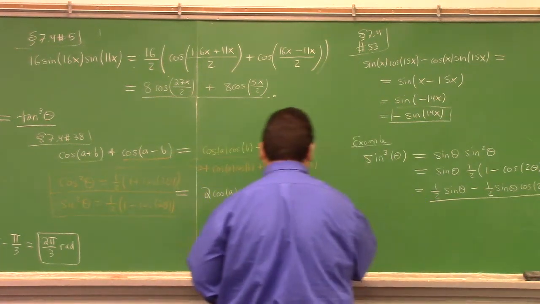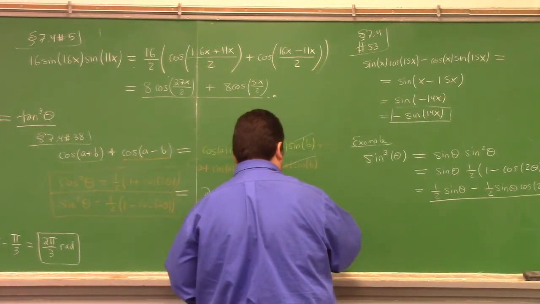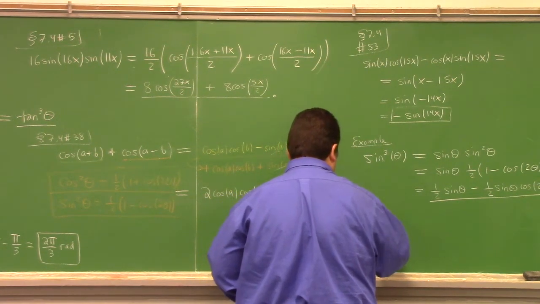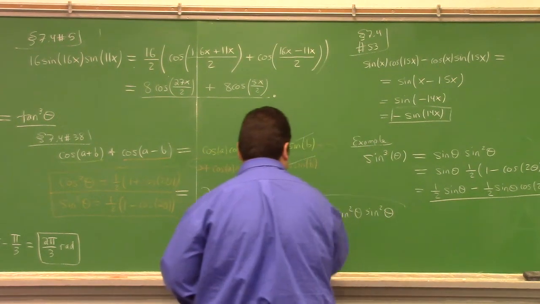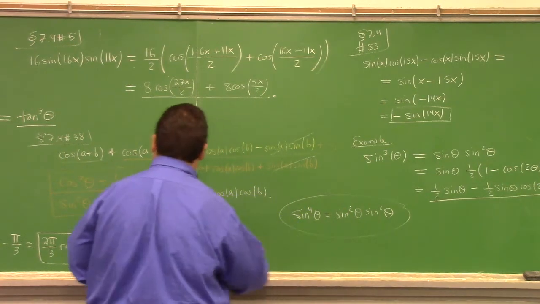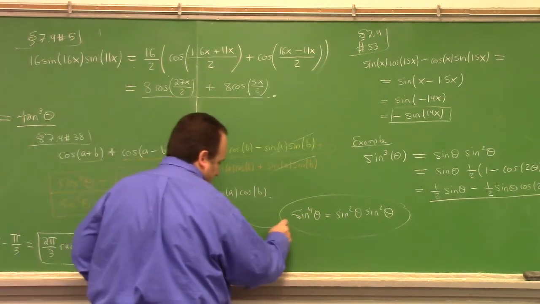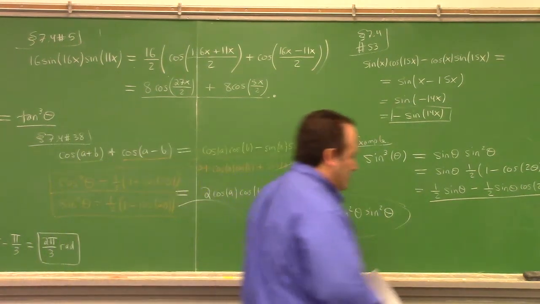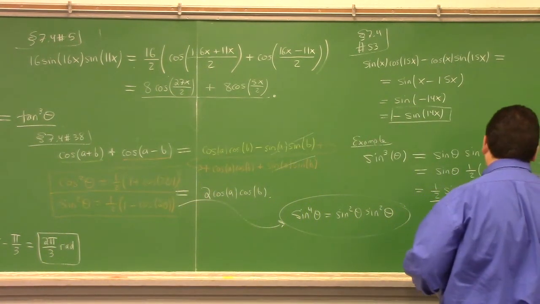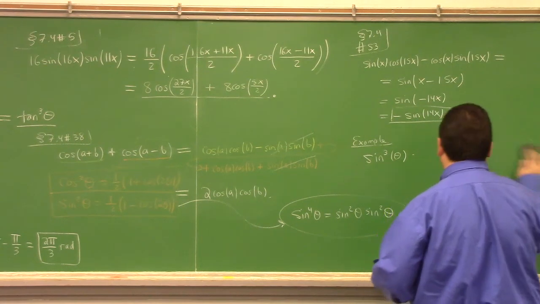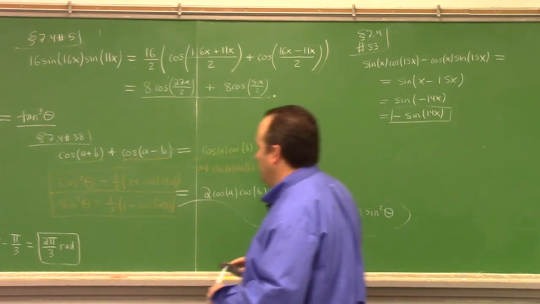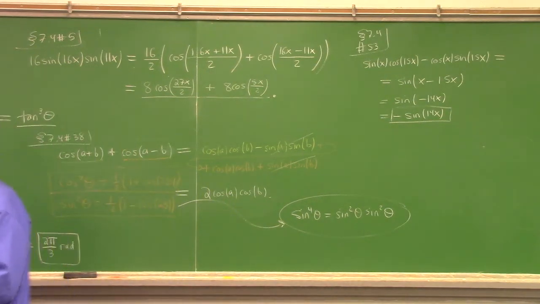So you take that, and we use this identity over here twice, but even after that you still have some algebra to do. It's not just that, but that plus a few steps.